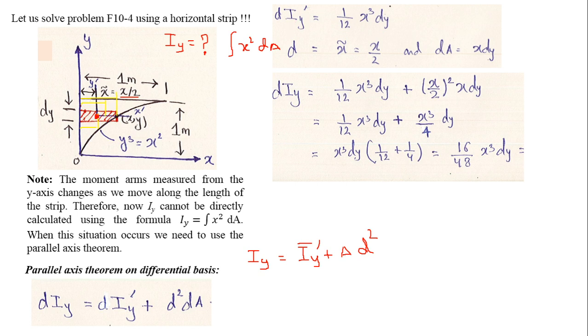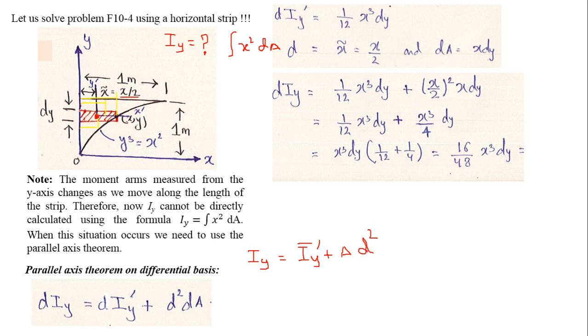Since it is a rectangle, we know that the second moment of area of a rectangle is given by 1 by 12 times the cube of one dimension, while the second dimension is multiplied with the power 1. The cube will be of the dimension that is perpendicular to the y-axis.